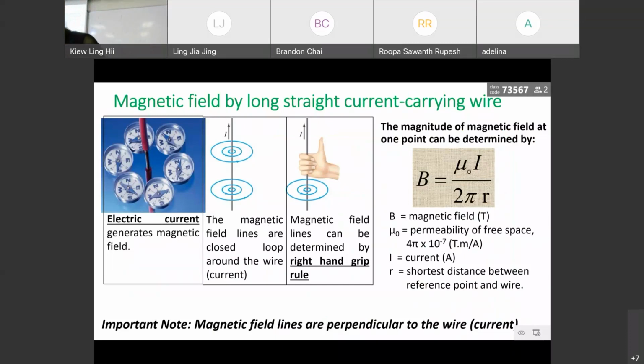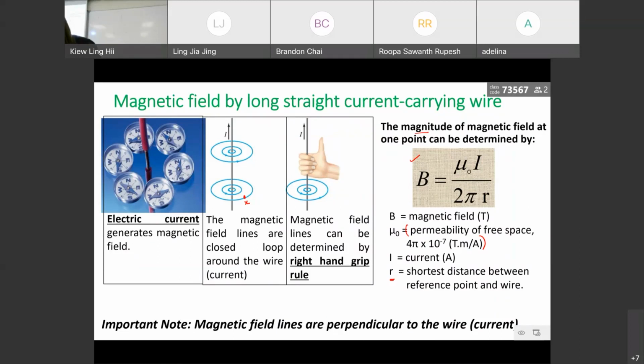direction of magnetic field. Then the magnitude of the magnetic field of a straight wire is given by this: mu naught I over 2 pi r. Mu naught is a constant, the permeability of free space, 4 pi times 10 to the power of -7. I is the current. R here is, let's say now I would like to determine the magnetic field at this point, point X. R will be the distance between your point X and your wire.